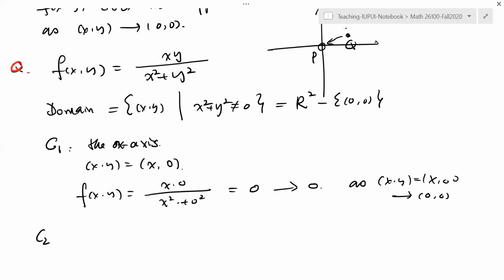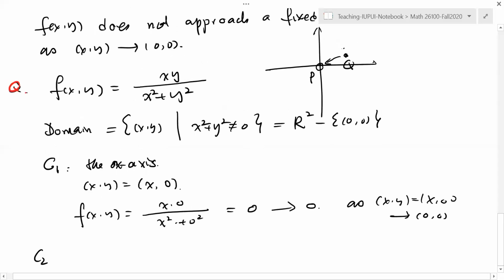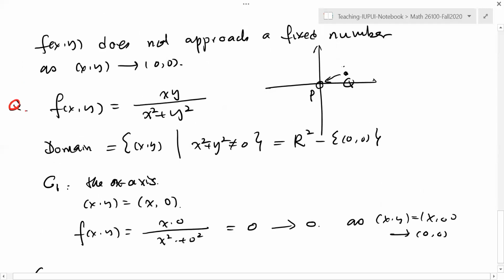So it will be inconclusive. You cannot say the limit exists because you haven't checked all the paths toward the origin. When I say Q approaches P along any path, and the value of the function f of Q approaches L, we have to verify this.